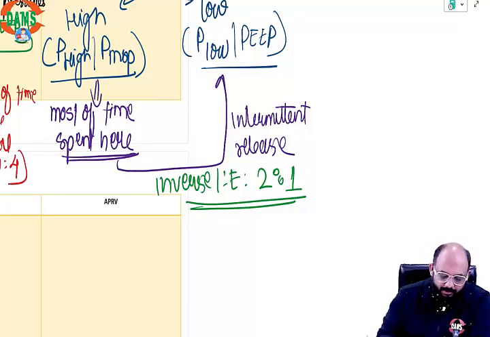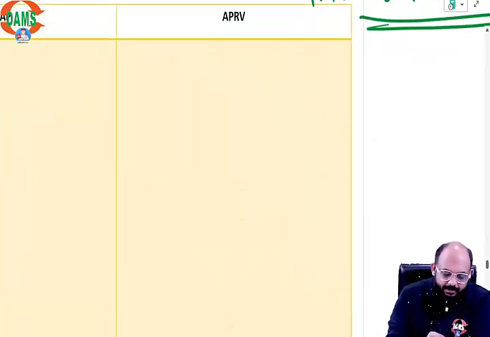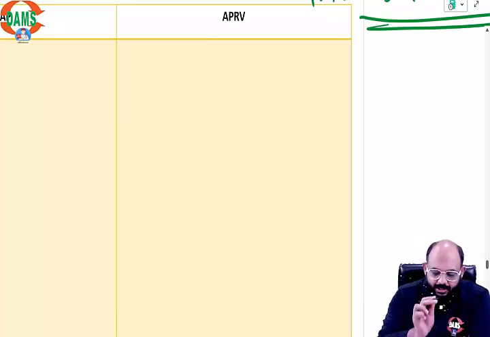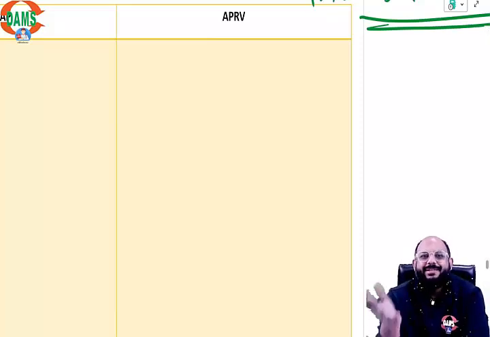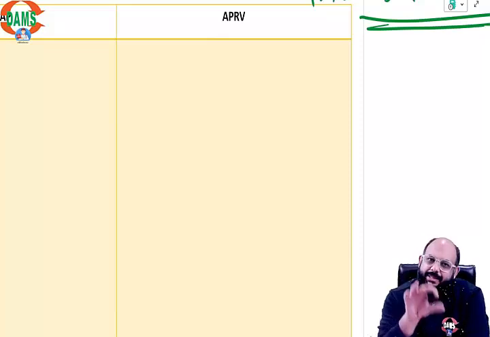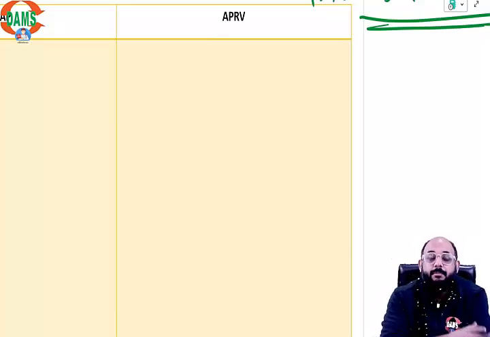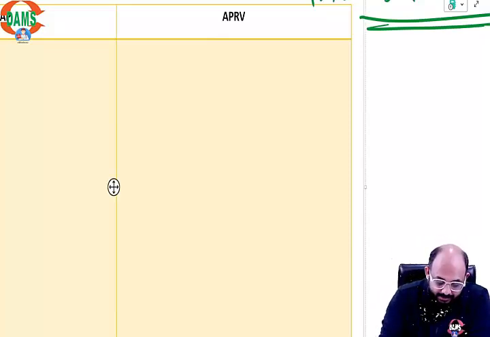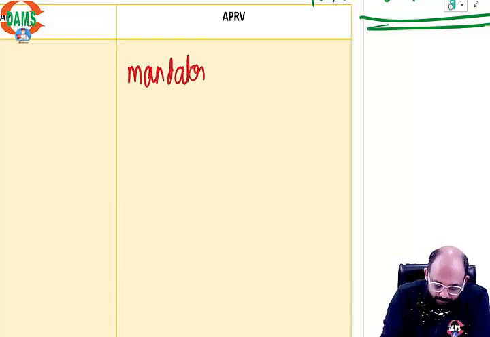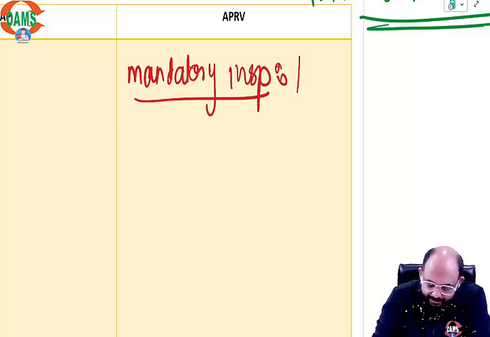Okay. Now let's talk about APRV in detail. See, APRV lets the patient breathe spontaneously at higher pressures, but it also gives mandatory breaths. So there is a mandatory inspiration that starts, which is usually time triggered.